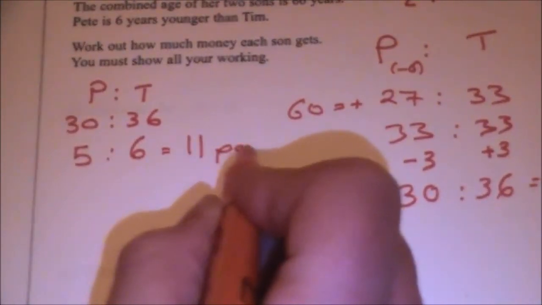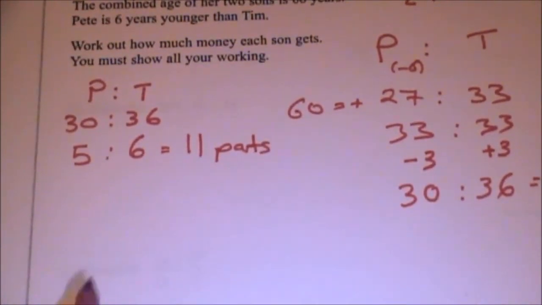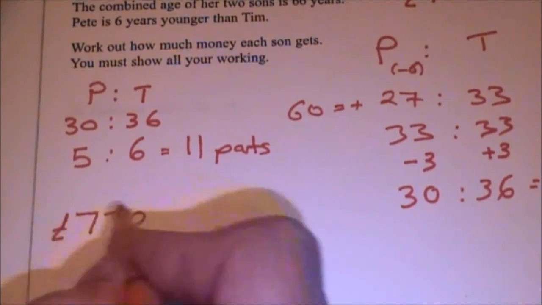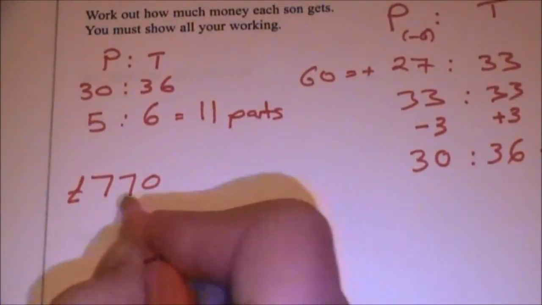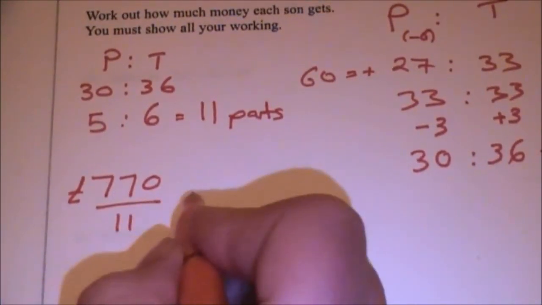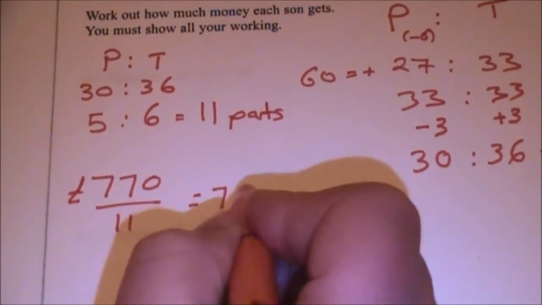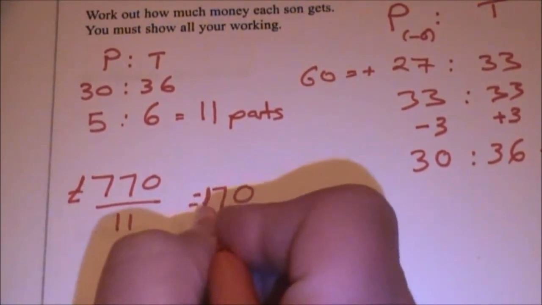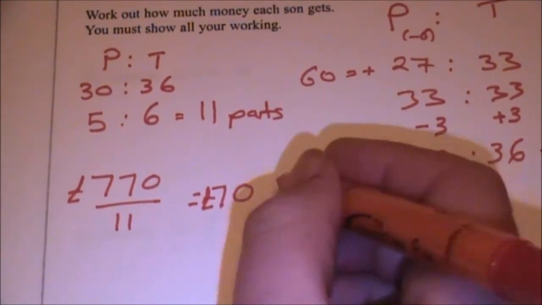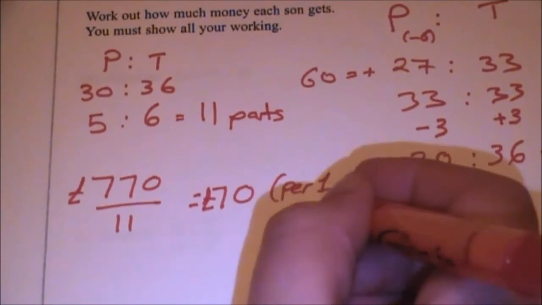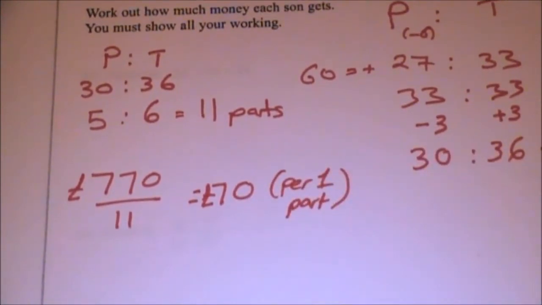I've got 11 parts in total, and into that 11 parts I've got to share £770. So it is 770 divided by the 11 parts equals 70, and that's money, so it's £70 per 1 part. £70 per 1 part.